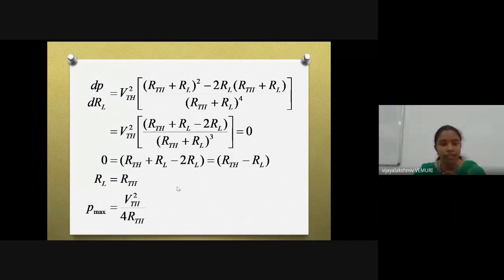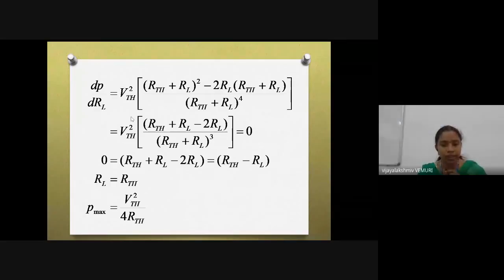And after that, if you substitute RTH wherever RL is there, you will be getting the maximum power formula, which is equal to VTH square by 4 into RTH. You can substitute in the previous equation, P is equal to I square into RL, where I is VTH by RTH plus RL whole square into RL.